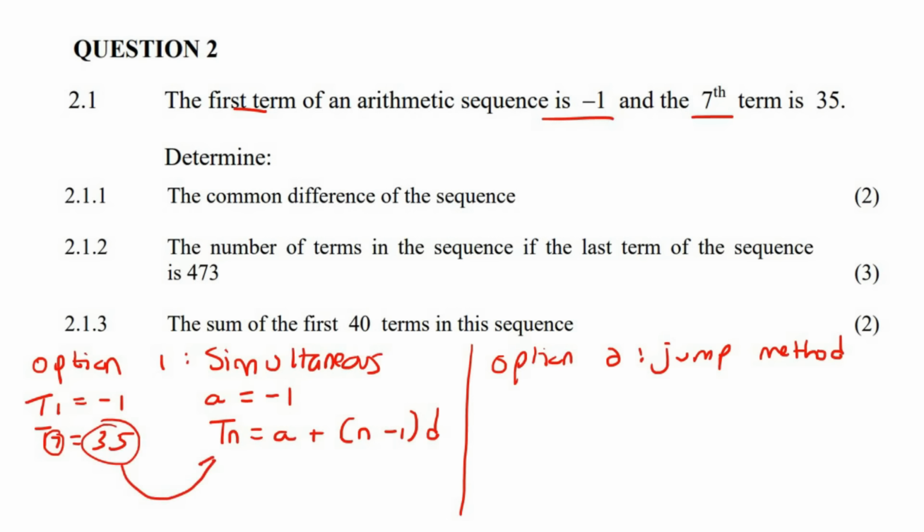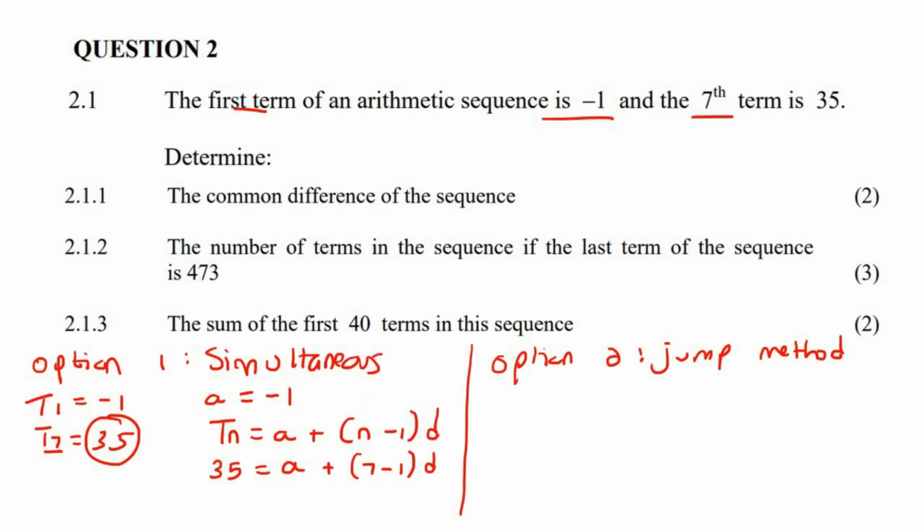What you have to remember is that the term number is what we call n. So that's the 7. The value of the term is 35, and that goes here. Position number 7 goes over there, and then d.